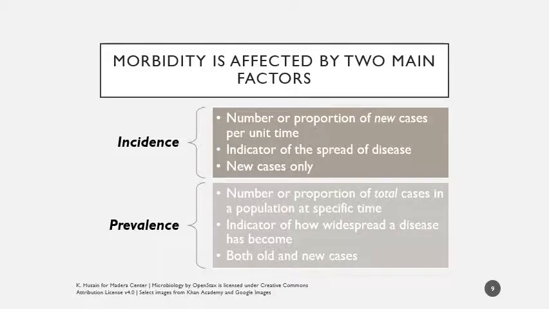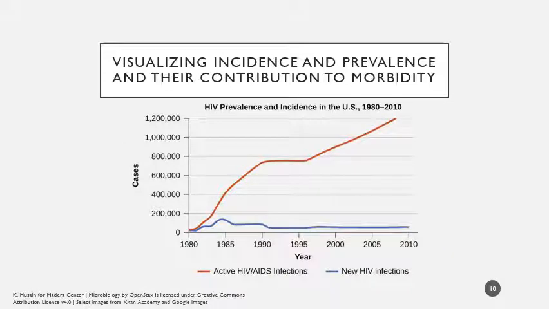To visualize that a little better, this is HIV prevalence and incidence in the United States from 1980 to 2010. You can see in the 80s, there were a lot of new HIV infections happening, but as we started to learn more about how HIV spreads, how to prevent it, and how to treat it, those numbers dropped. So incidence has remained fairly low.